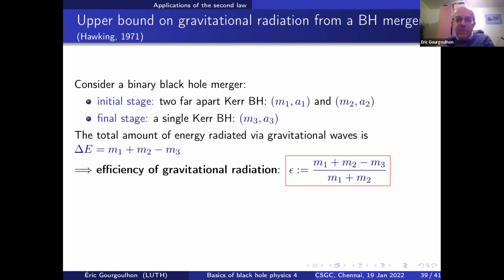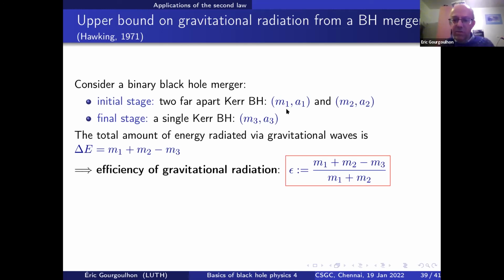Maybe more interestingly, because what I've said is quite academic, we can also set upper bounds on the gravitational radiation from a binary black hole merger. And this formula was obtained very early by Hawking himself. So suppose we have two Kerr black holes in the initial stage when they are far apart.